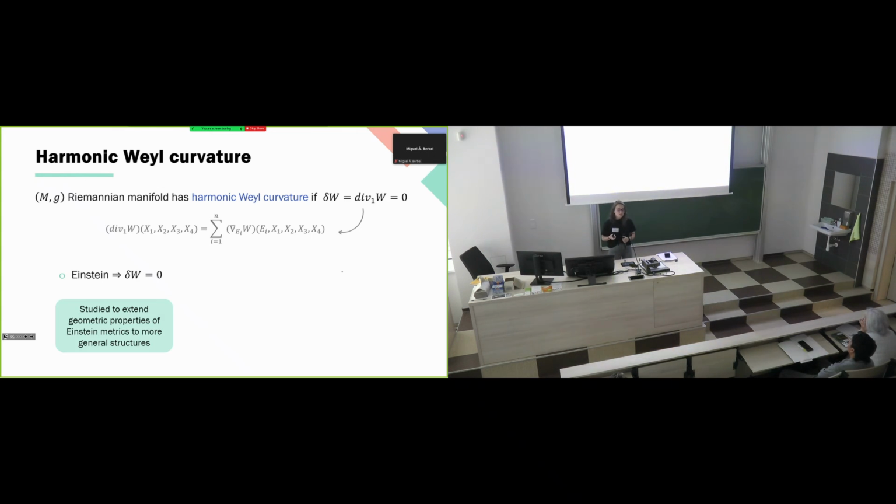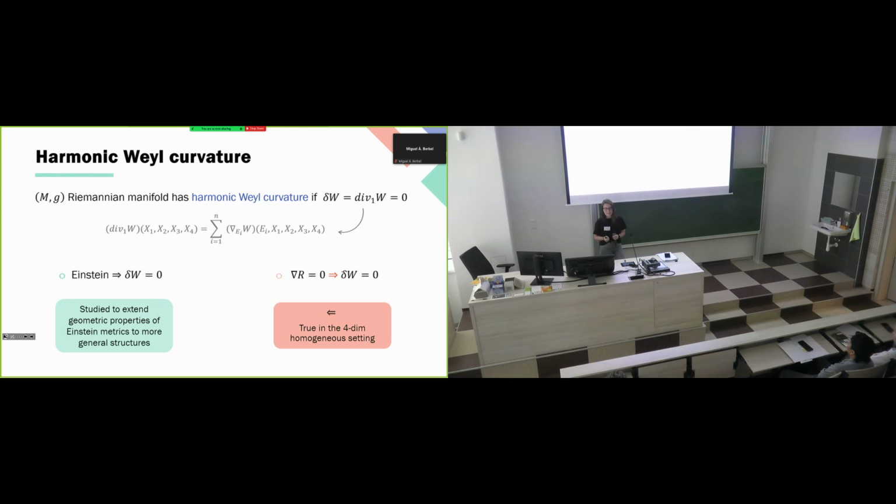So this condition has been broadly investigated in order to extend geometric properties of Einstein metrics to more general structures. Another example is locally symmetric Riemannian manifolds, which also have harmonic biocurvature, and it is known that the converse is also true in the four-dimensional homogeneous setting.